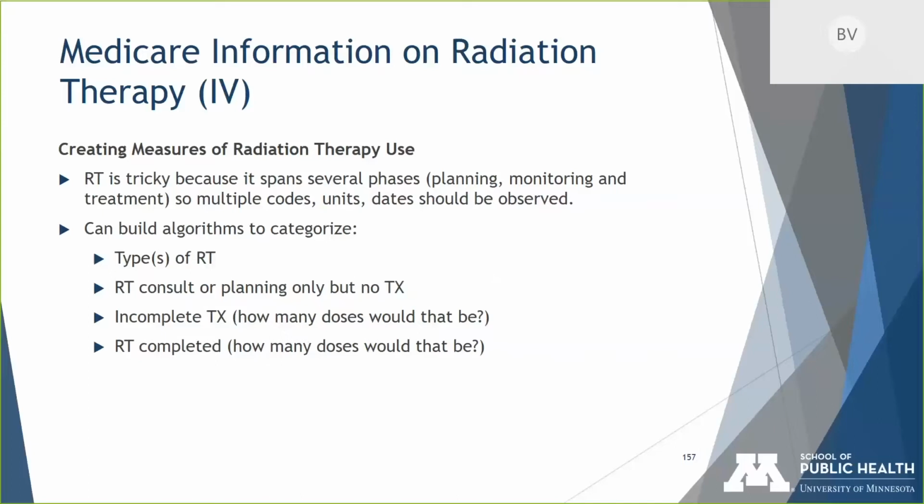And then you could be interested in whether or not someone actually completed their radiation therapy. Again, what's your definition of completion? How many doses would that be? Would it be somebody that completed 75% of the average or recommended therapy, 80%, 90%, and then use that to back into your algorithm of how you would create those measures?